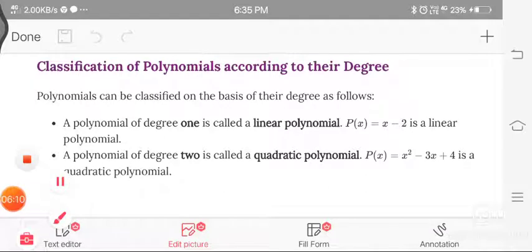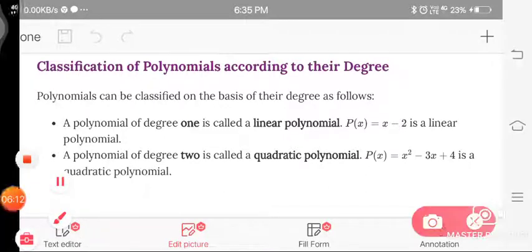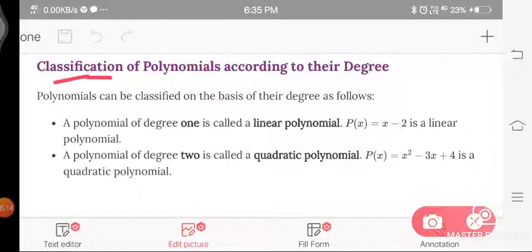So now we classify polynomials according to their degrees. Polynomials can be classified on the basis of their degree.